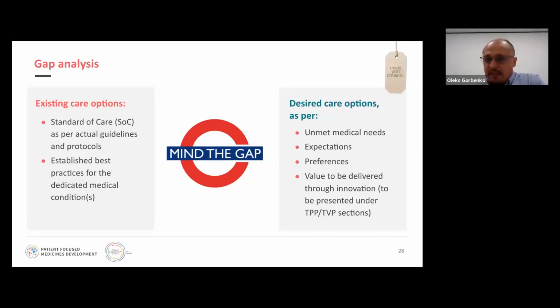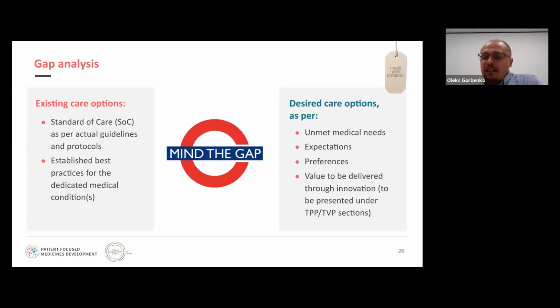And that's why the next step is we need to understand what the desired care options are as per unmet medical needs, unmet patient needs actually. We will talk about this in more detail during our presentations: expectations, preferences, and also it's very important to highlight today the value-based approach.